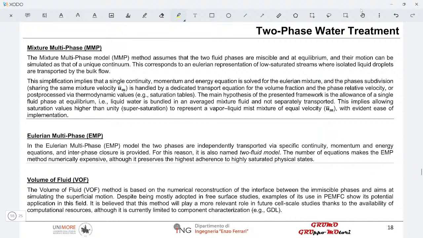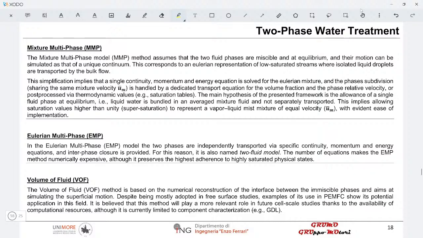In the context of fuel cells, another type of model is very used, which is the so-called Eulerian multiphase models. Now, Eulerian multiphase means that we don't want to track or identify the boundary between the two phases, so the interfacial surface.